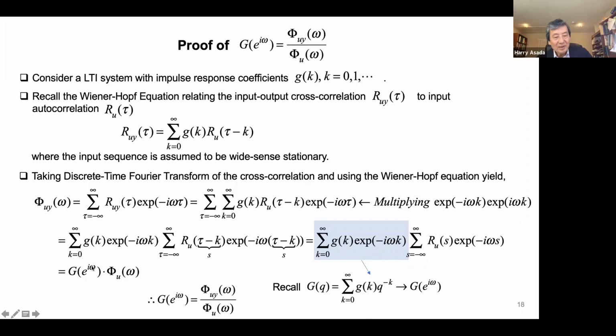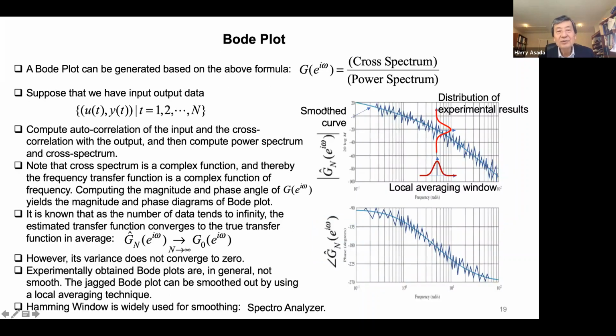So solving this for G(e^{i omega}), it is given by the cross spectrum over the auto spectrum. Okay, so this is the conclusion. The Bode plot, and the Nyquist plot, can be created by computing the cross spectrum over the power spectrum.